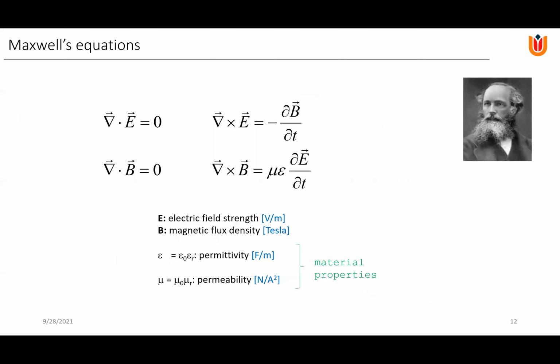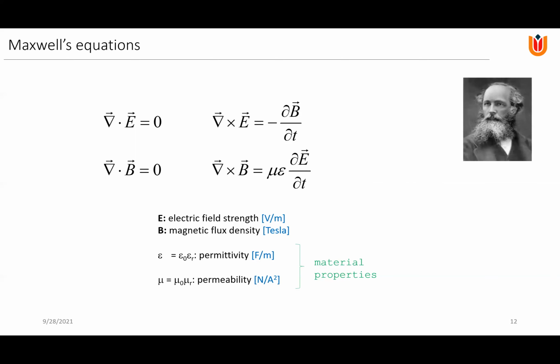Okay, here we go. This you know. These are Maxwell's equations. I am pretty sure you're able to derive the wave equation from this. You at least had this in some course, right?